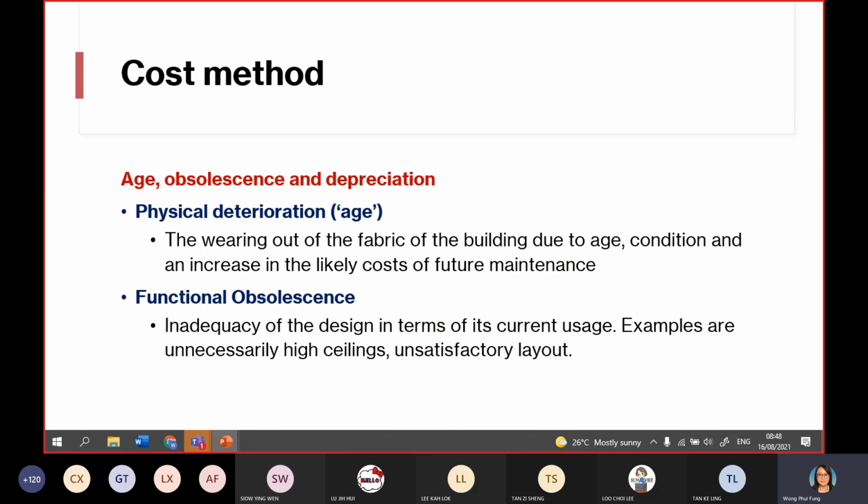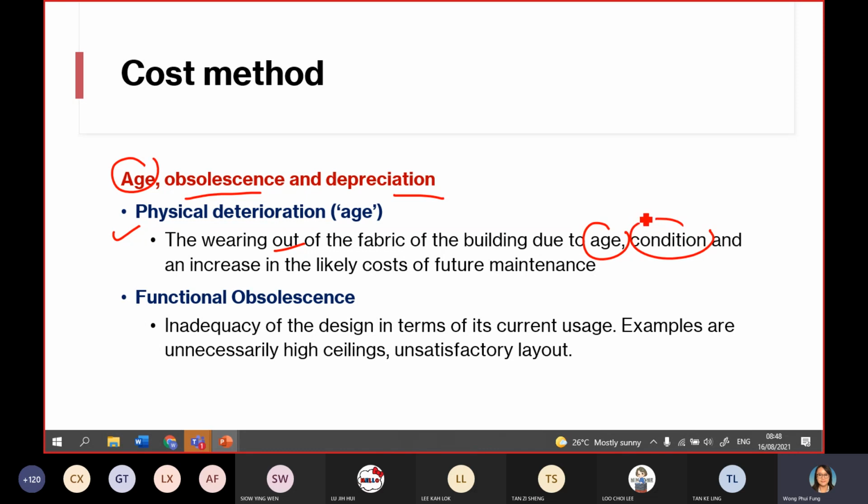Why do we need to minus depreciation from the building? This is due to age itself, obsolescence, and depreciation. The first reason is physical deterioration, the age itself. This is due to the wearing out of the fabric of the building due to age and condition, which means physical wear and tear.